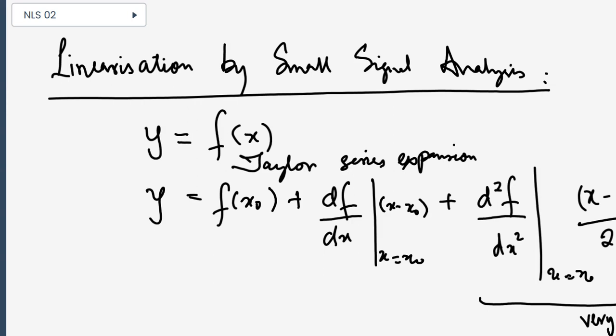Therefore, this function can be approximated to y is equal to f of x naught plus df by dx at x equal to x naught, into x minus x naught. So this gives us the linear approximation of the original equation y equal to f of x.